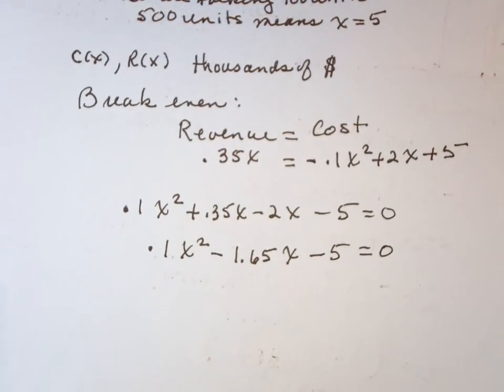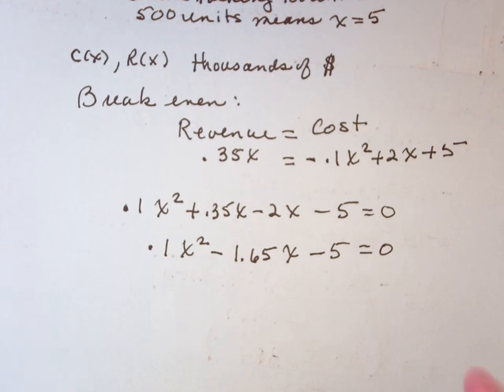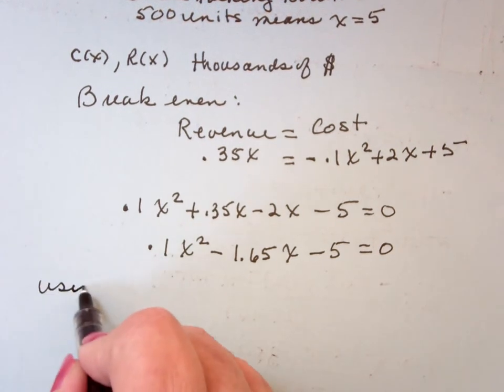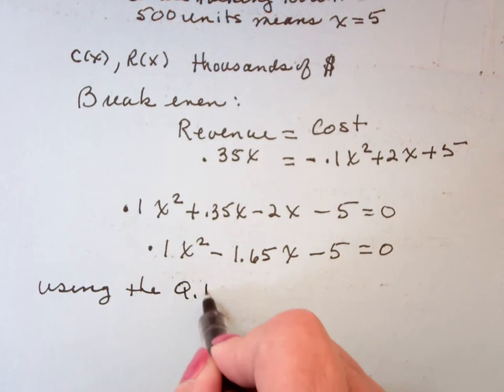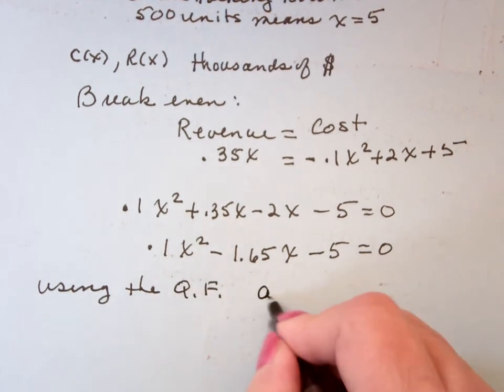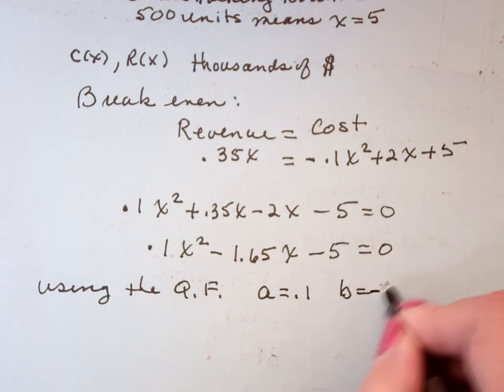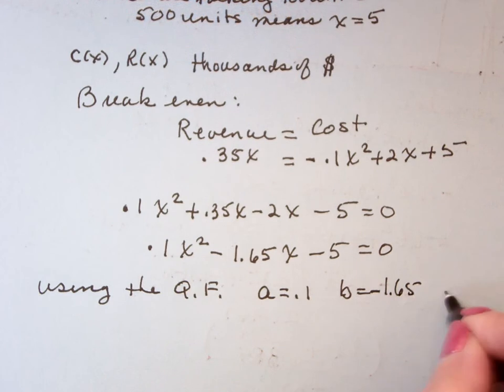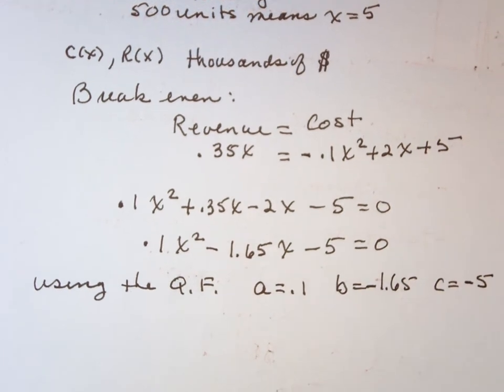So if it doesn't factor, what am I going to have to use? Quadratic formula. So using QF, quadratic formula, where A is 0.1, B is negative 1.65, C is negative 5.